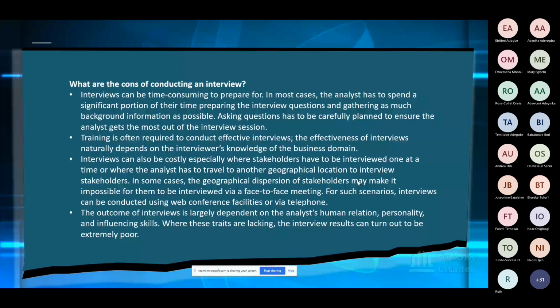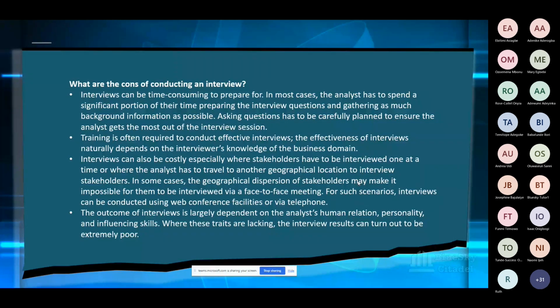Now in Blue Sky, you guys are talking to only your product owner, who is the major stakeholder that you are eliciting requirements for. So you can easily do a one-on-one interview. It's easier to do that.